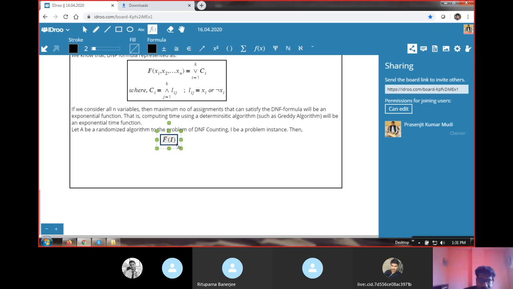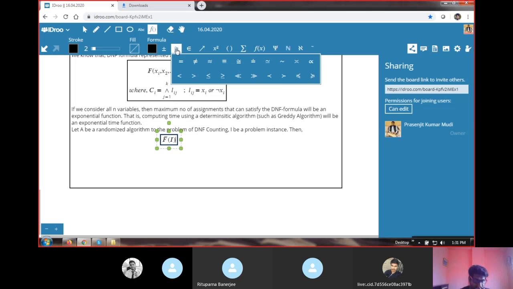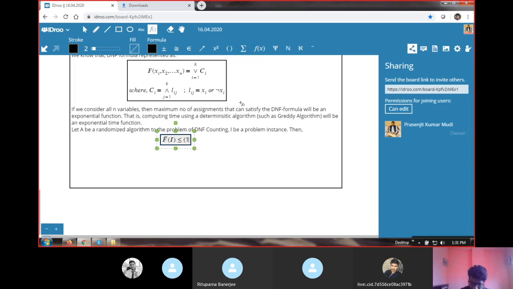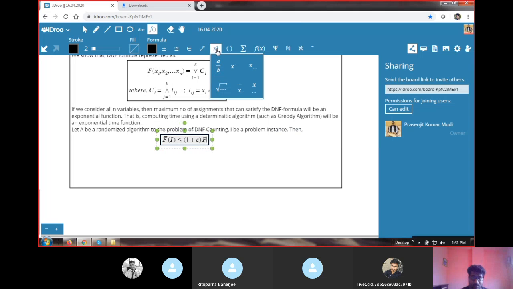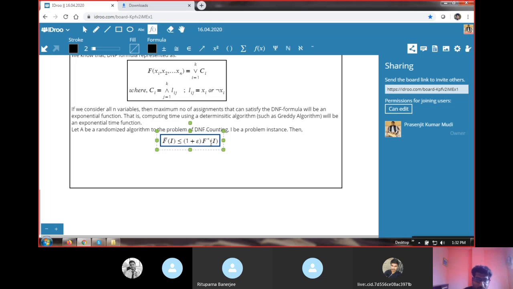So this is the estimate, the number of satisfying assignments to the problem instance I by the randomized algorithm A. Okay, so this is lying within a range given by 1 plus epsilon into F star I. F star I is the exact, actual number of satisfying assignments, that is the DNF counting.